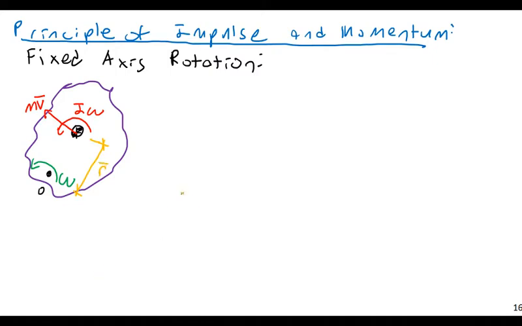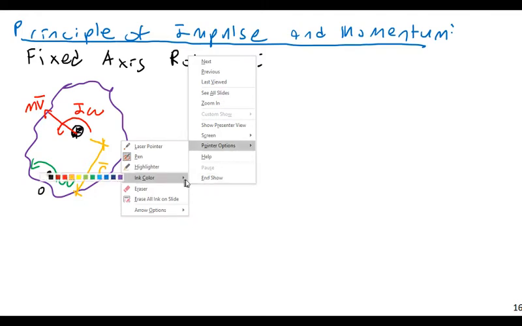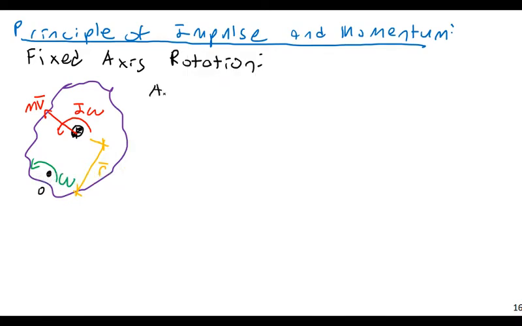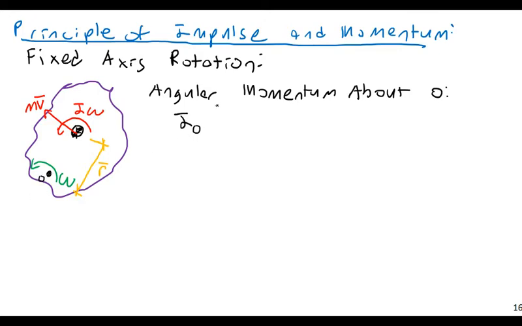Okay, for fixed axis rotation, let us consider the angular momentum about O, the point of rotation O. I am saying that this is equivalent here: I omega, the moment of inertia of the whole thing calculated about point O, times omega, and again it's the same omega for both of them, is equal to I bar times omega, plus the linear momentum.